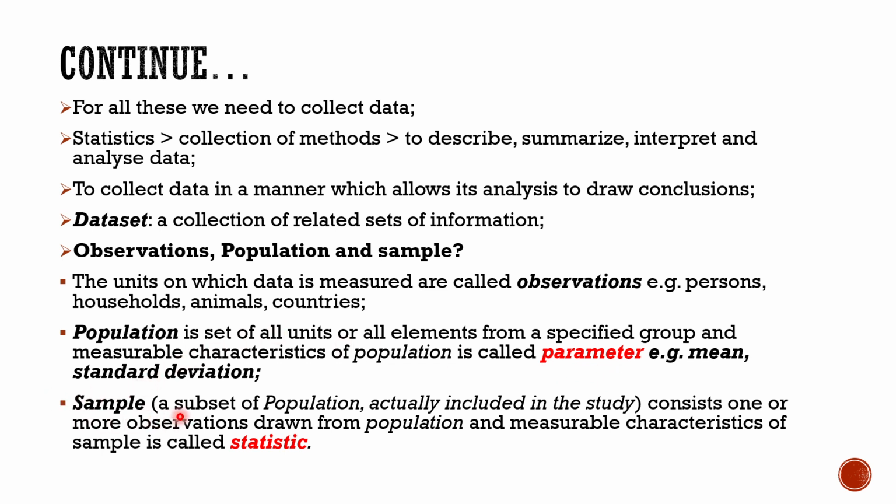A sample is a subset of the population which is actually used in the study, and it consists of one or more observations drawn from the population, and the measurable characteristics of a sample are called statistics. So this is the basic difference between parameter and statistic. The measurable characteristics of a sample are called statistics, while the measurable characteristics of a population are called parameters.